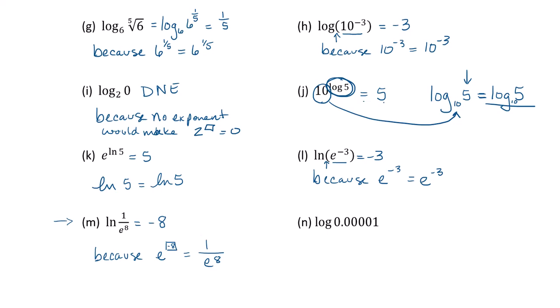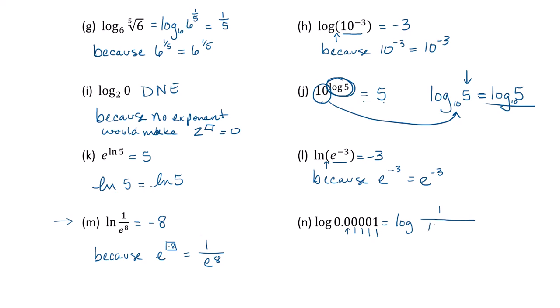Here, the log of 0.00001. I find it helpful on these to go ahead and convert that decimal to fraction form. So this would be the tenths place, hundredths place, thousandths place, 10,000ths place, and 100,000ths place.